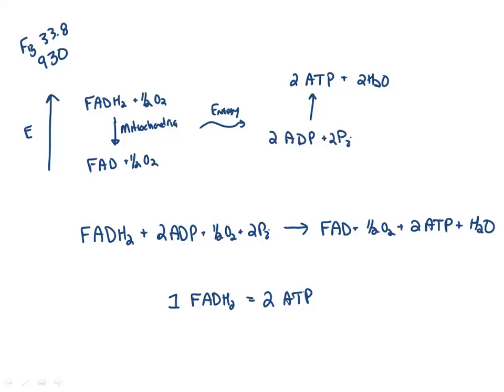Do you know what an NAD plus or an NADH is worth? 3. So that's another one of those 50-50 things, right? One's worth 2, one's worth 3. I can never remember which. That's how I remember that it's 2. Maybe you guys are really good at memorizing random facts like that. I always have to have a trick for 50-50 things.